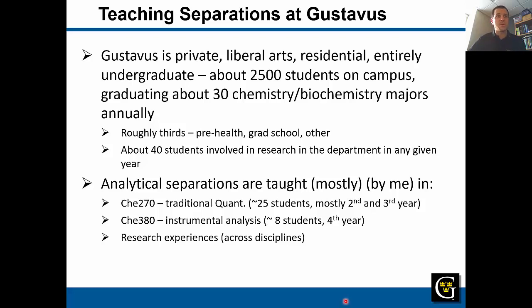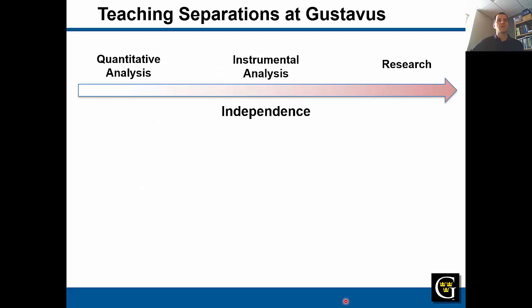So the courses I teach primarily are a relatively traditional quantitative analysis course, typically about 25 students, and an instrumental analysis course, usually about 8 students or so. And I work with a lot of students in my research lab as well. So those are some of the places that I use this simulator to interact with those types of students.